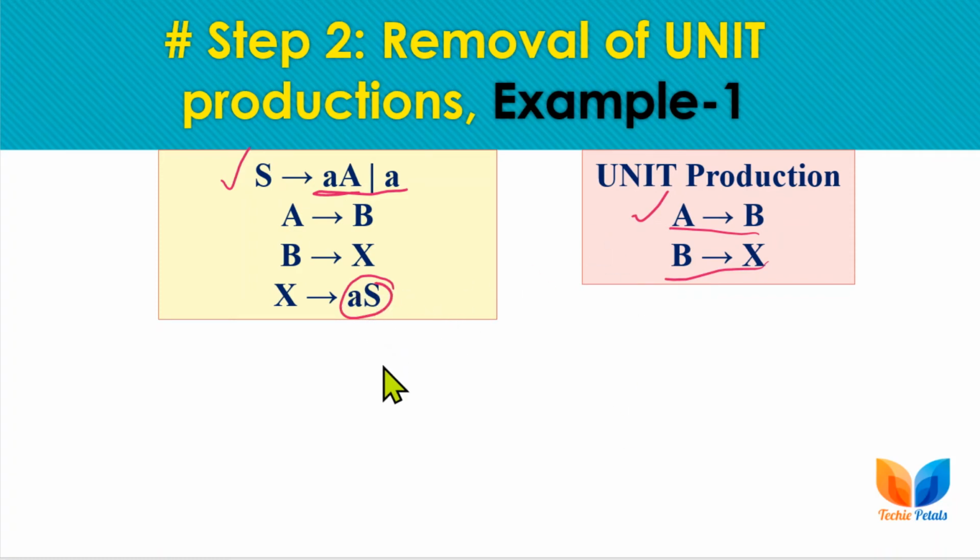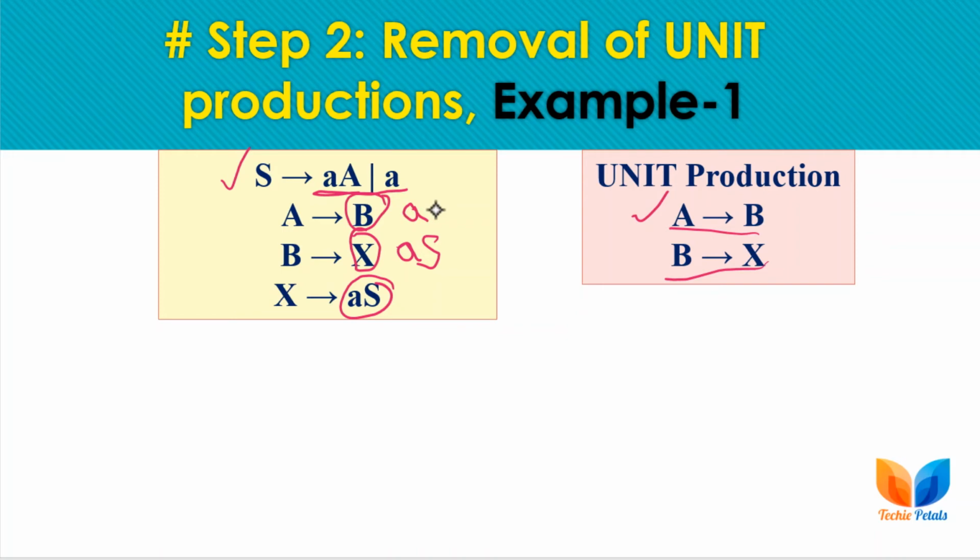So you can follow a step by step process, meaning firstly you can remove this unit production by replacing X with AS and then removing another unit production A derives B by replacing B with AS.